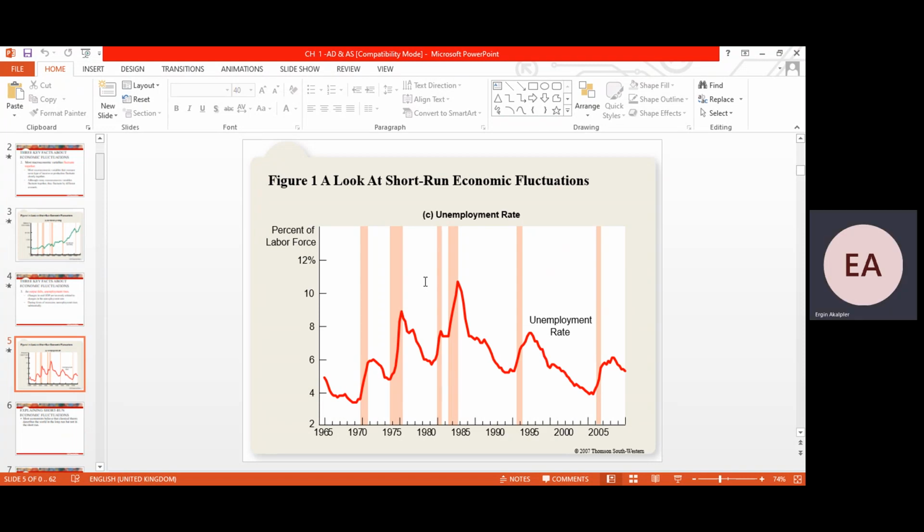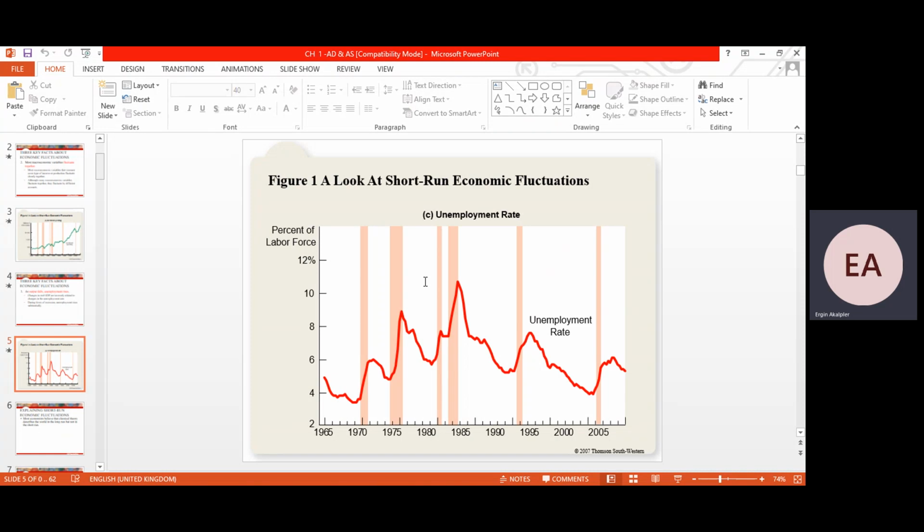On the figure, we are observing the short-run economic fluctuations. As you are observing, there are some structural breaks, some irregular increases and decreases in unemployment between 1965 and 2005.